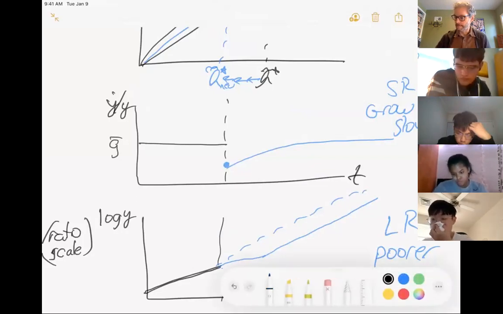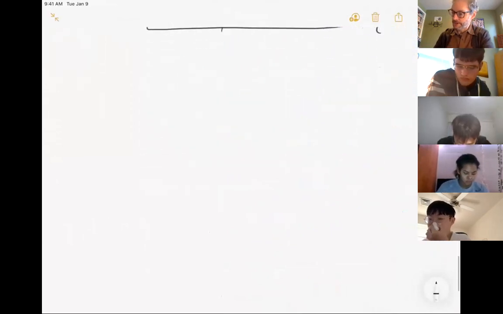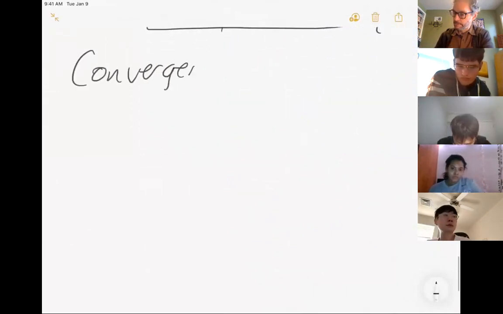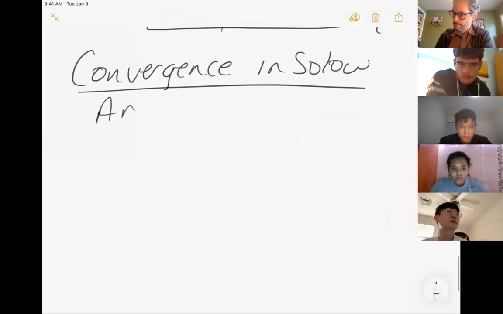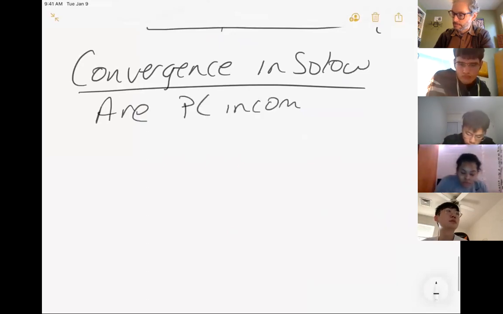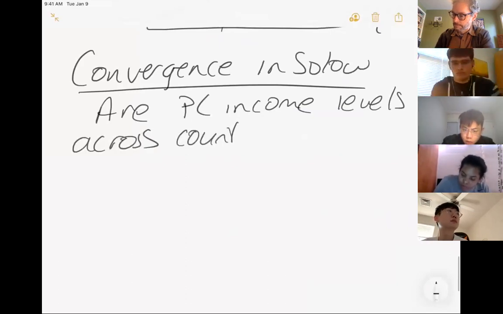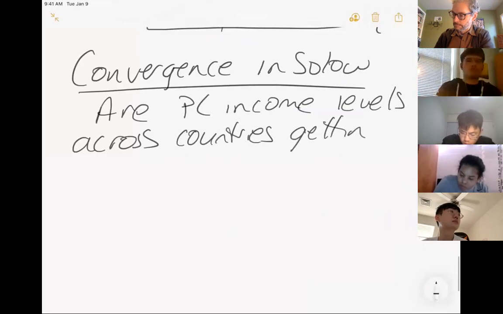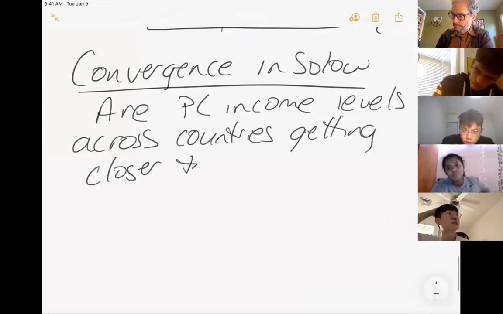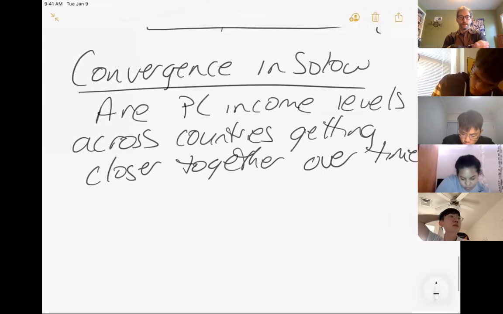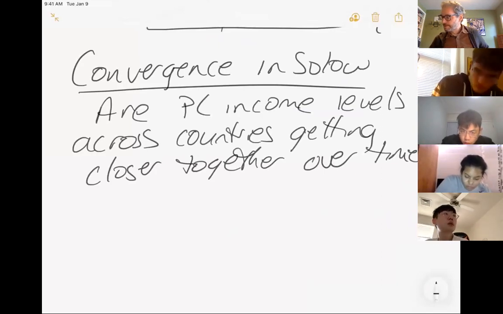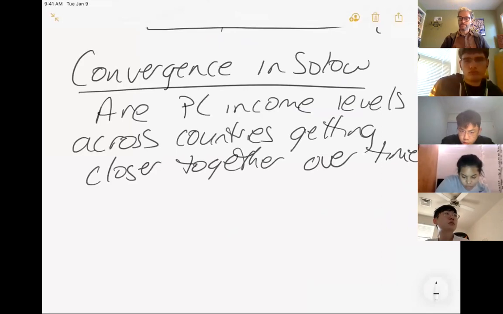Okay, I want to move on to a new topic here and talk about convergence. And convergence really refers to this question: are per capita income levels across countries getting closer together over time?